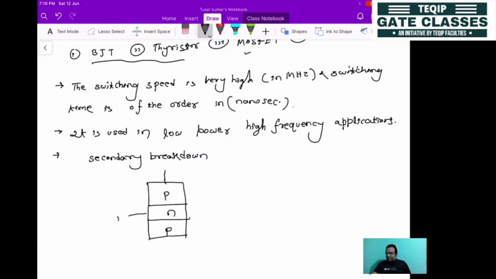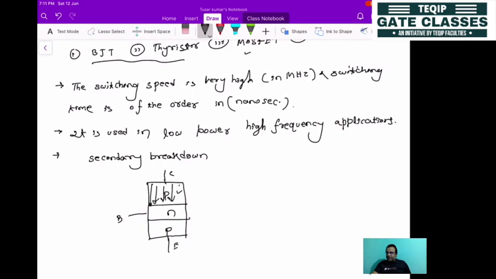This is, let's say, the base, this is the collector, and this is the emitter. Now whenever the current flows, it is supposed to flow completely over the semiconductor layer, covering all this area.